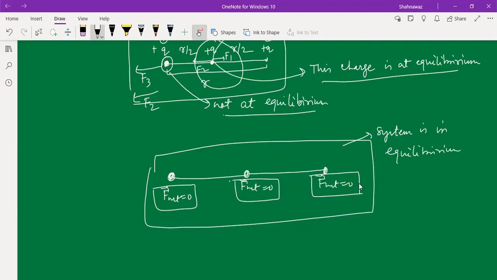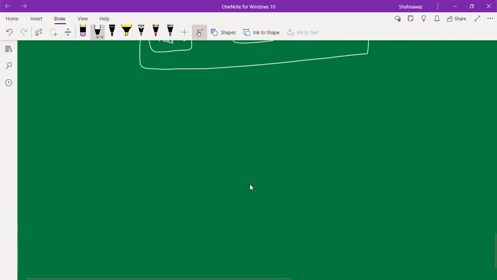Yes, sir. Okay, so let's do one problem based on equilibrium at one point, and another question on the equilibrium of a system.